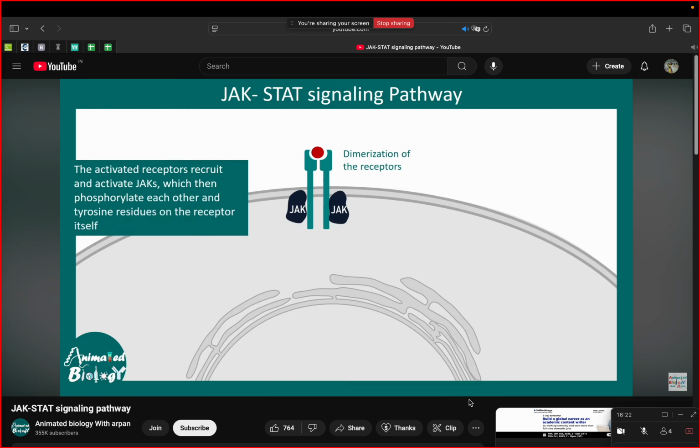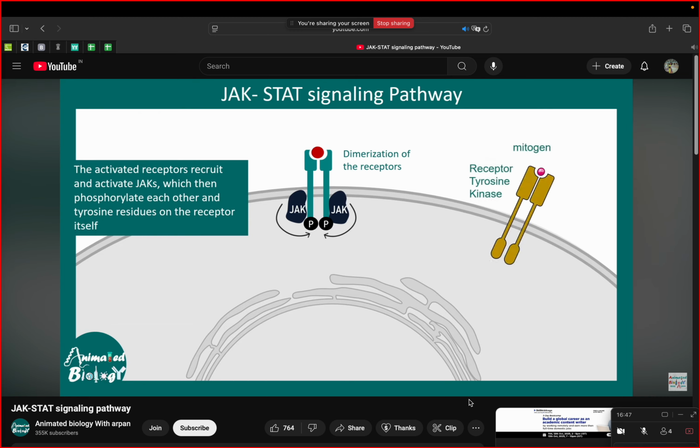These receptors bind to JAK, or Janus kinase. These are kinase enzymes which phosphorylate downstream targets. The first thing the JAKs phosphorylate is the receptor itself. This is similar to but also different from the receptor tyrosine kinase.